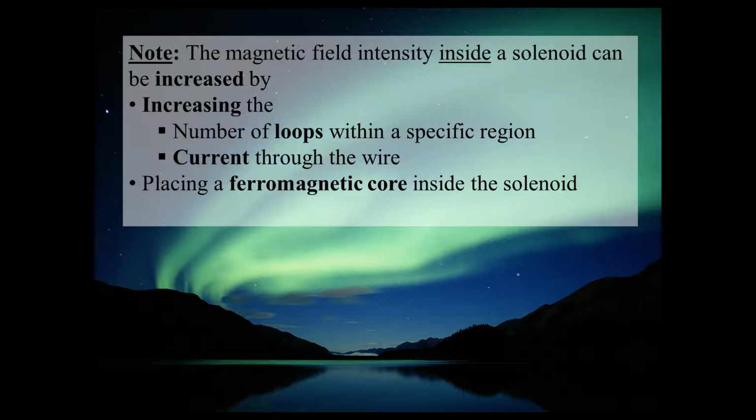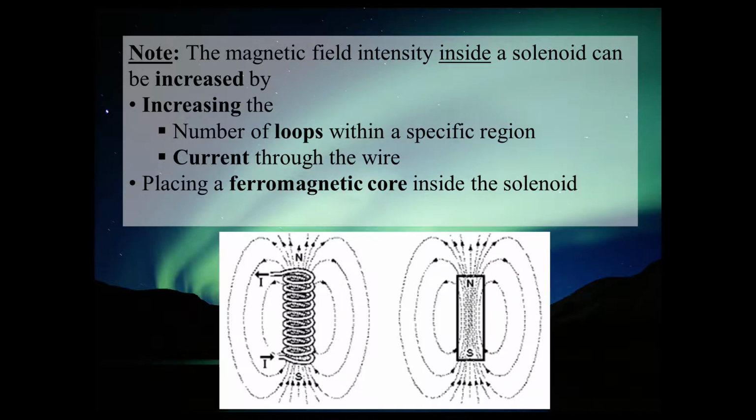The third one is we can actually combine both our permanent magnet and our electromagnet together. Oftentimes what you'll see is these loops of wire, this solenoid, wrapped over top of a bar magnet. So in the picture on the left-hand side right here, we could take these loops of wire and wrap them around a bar magnet.